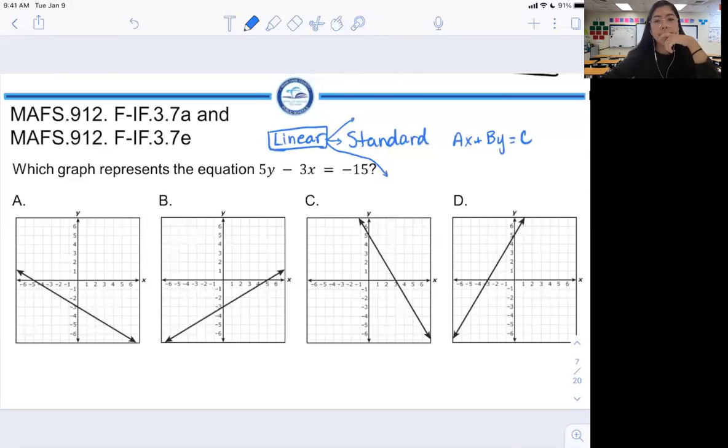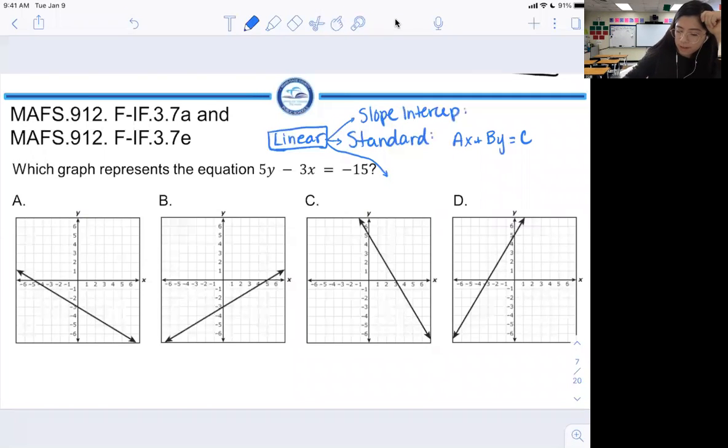Oh, linear. Slope form. Slope-intercept form. And what does that look like? y equals mx plus b. Good. There's one more that we don't really talk about too much, but let's see if anyone remembers it.